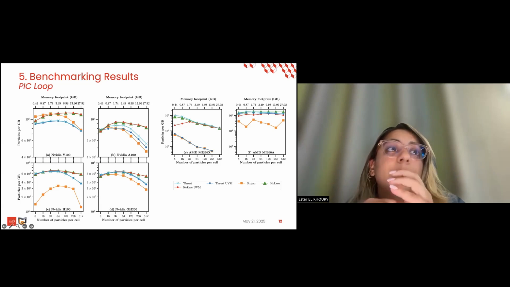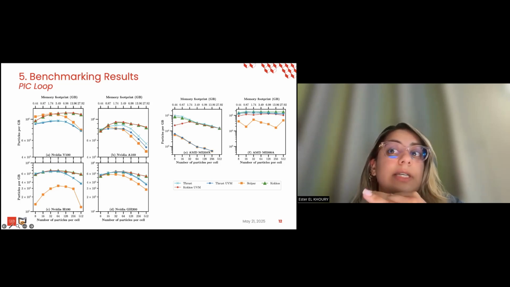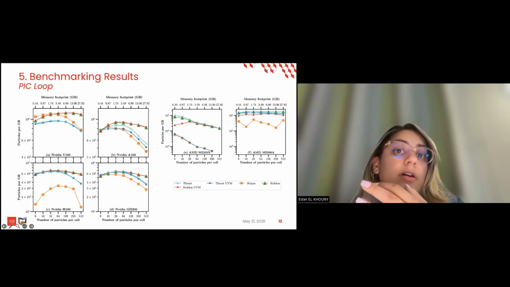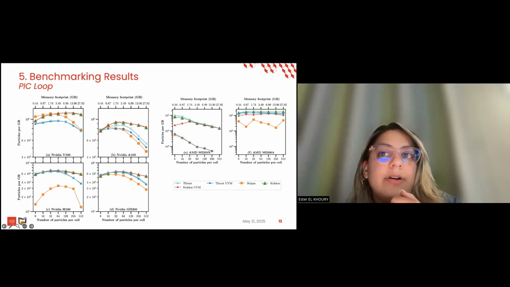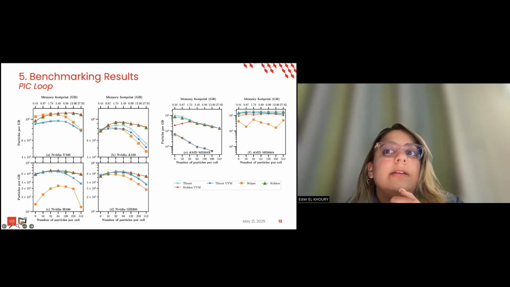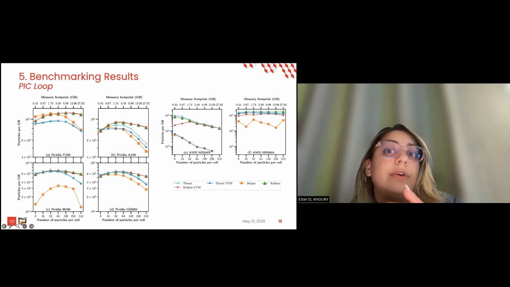For AMD GPUs, the MI250X shows declining memory efficiency across all models as particles per cell increase. Kokkos, Kokkos UVM, and Thrust perform best, while Thrust UVM and especially STD-PAR degrade in performance. For example, as you can see, STD-PAR drops to around 1000 particles per gigabyte.